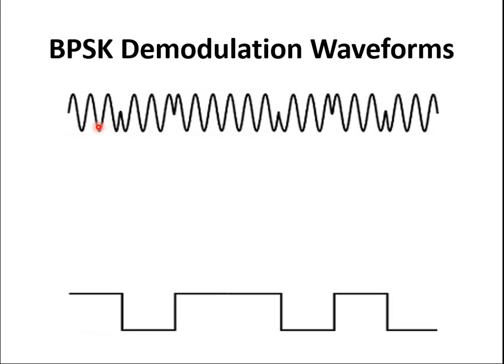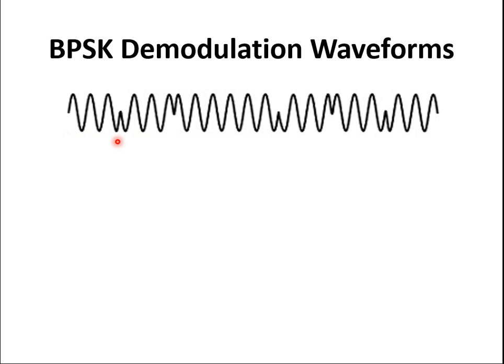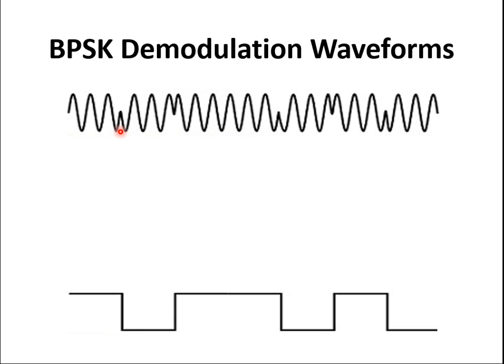This is my expectation, right? From this signal I am supposed to get this signal, correct? Because you can see in the previous slide we have transmitted digital data, right? So from the modulated signal my wish is to get digital data. Now the question arises, how shall I get it?